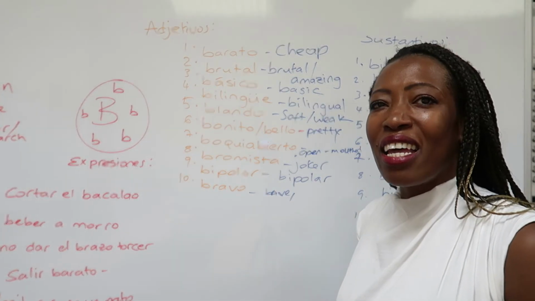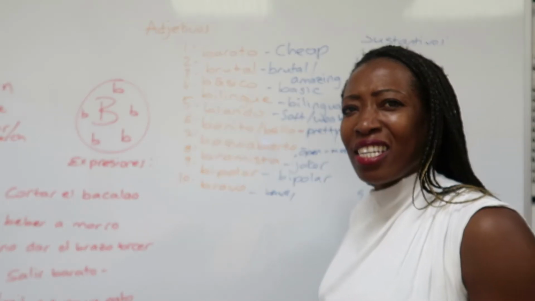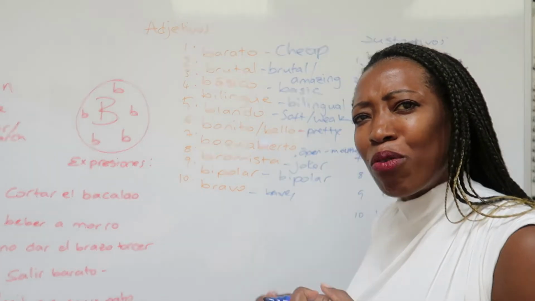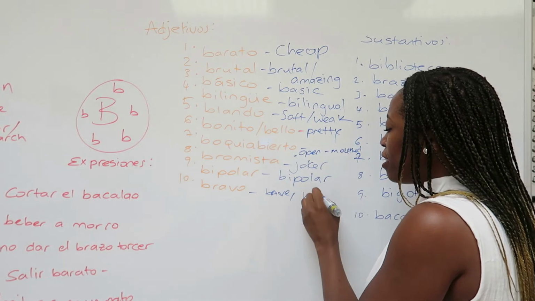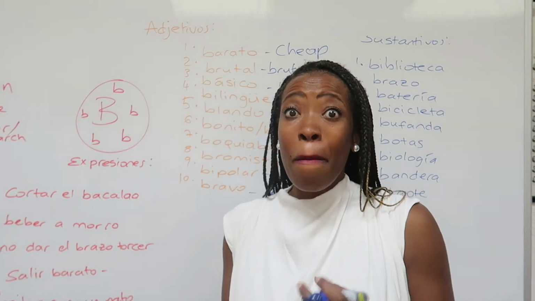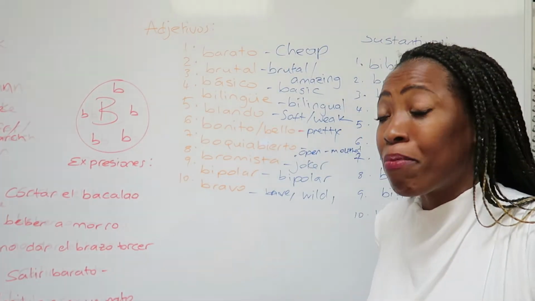It can mean a bit wild if you're talking about an animal. Este toro es bravo, eh? This bull is a bit wild. And brava can also mean bad tempered. So a person with a bad temper.